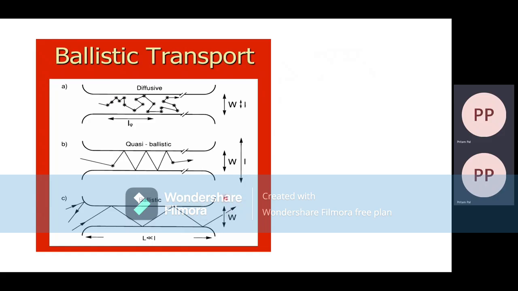In a ballistic regime, the trajectories are strictly specular as the electron crosses the wire. The quasi-ballistic regime is something in between.